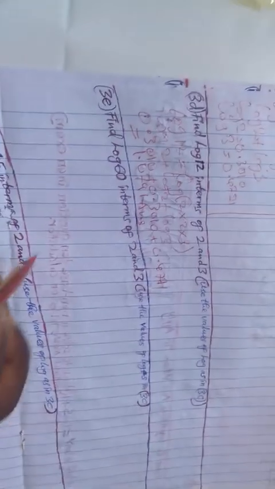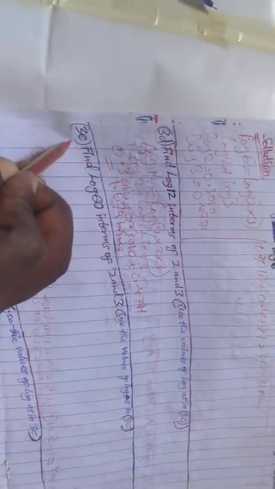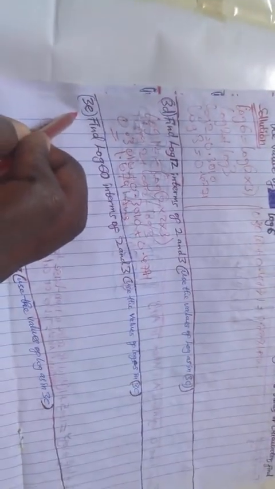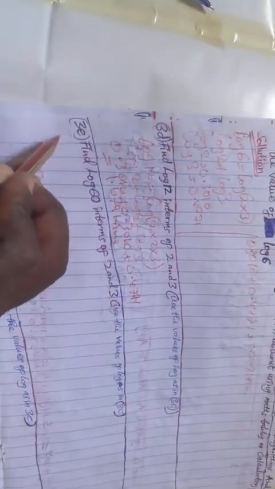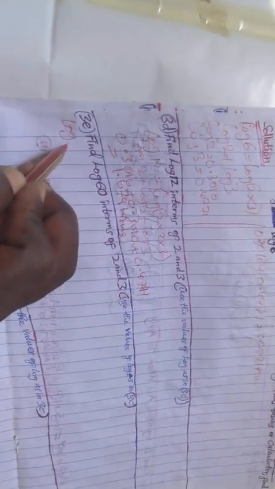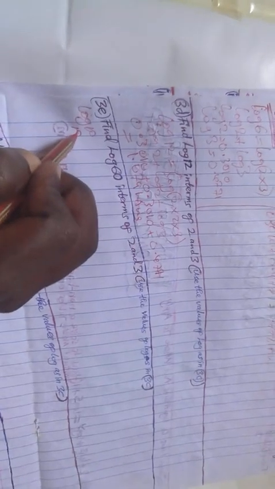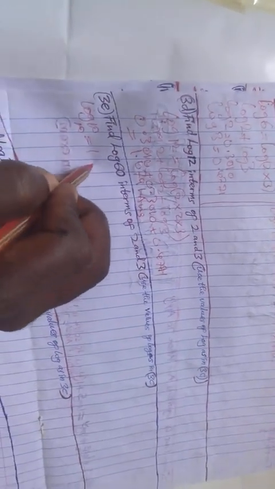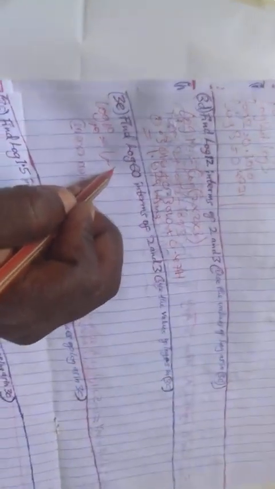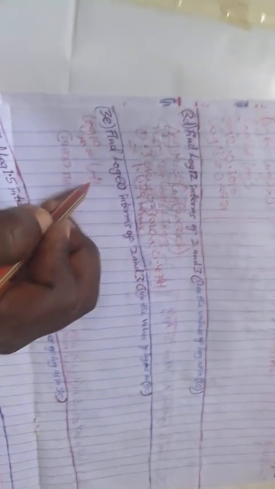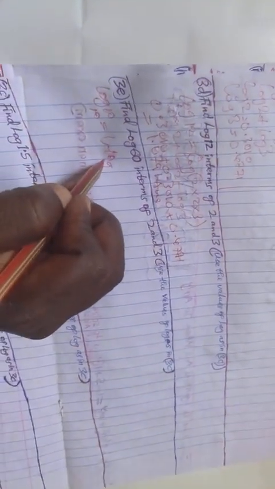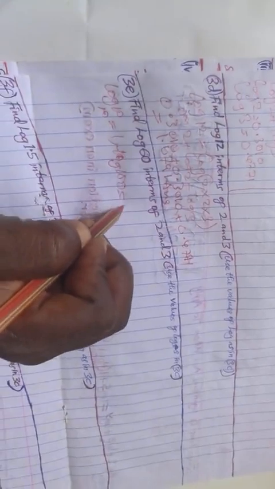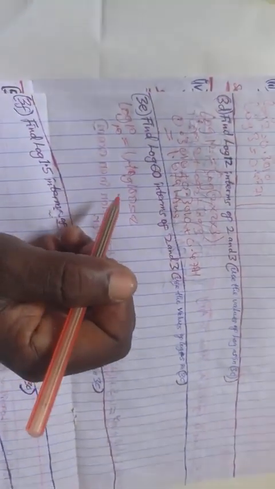For this case we are going to use the knowledge of common logs, which states that log 10 base 10 is equal to 1, while log 100 is equal to 2, etc.